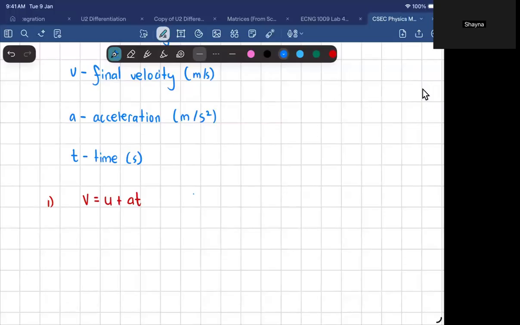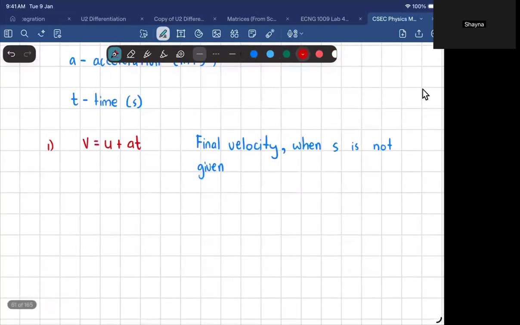We use this when we want to find the final velocity, when S is not given.